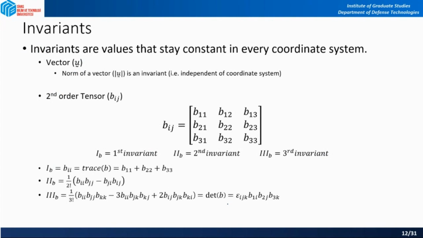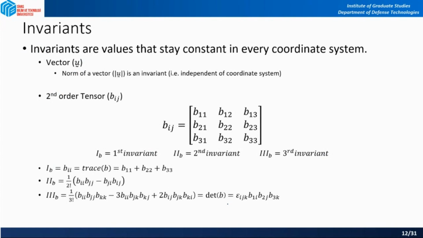What about vectors? We know that vector components will change after rotation. But is there any property of the vector that will remain the same after rotation? Its magnitude, yeah, actually remains the same. There are some parameters which we call invariants.